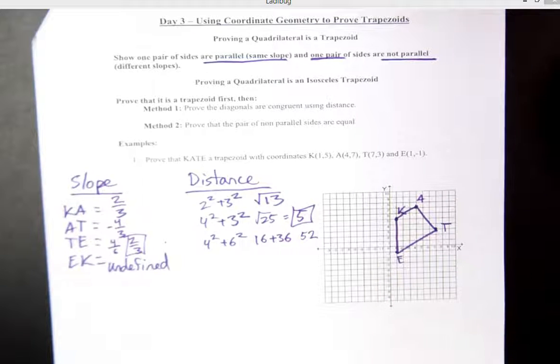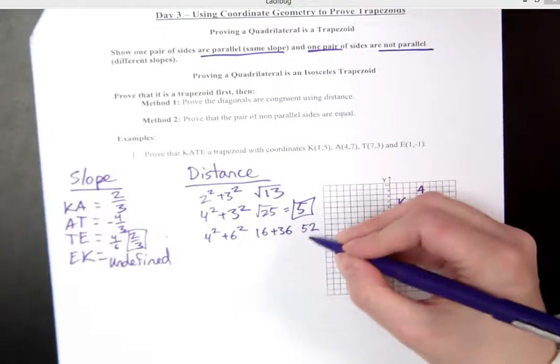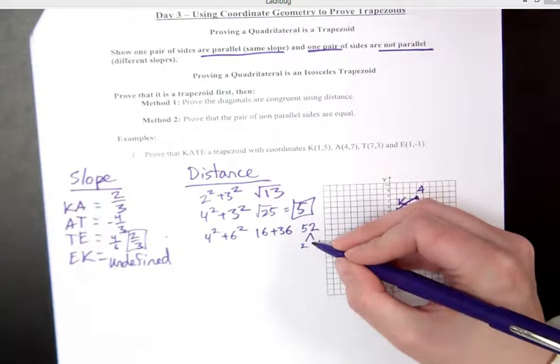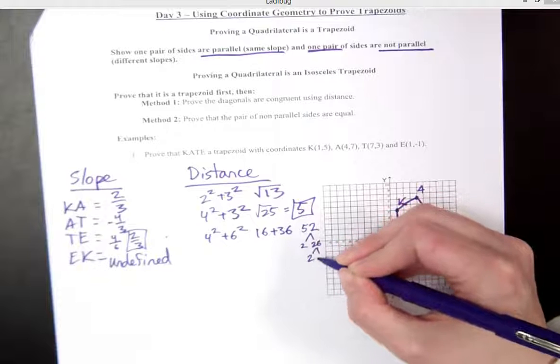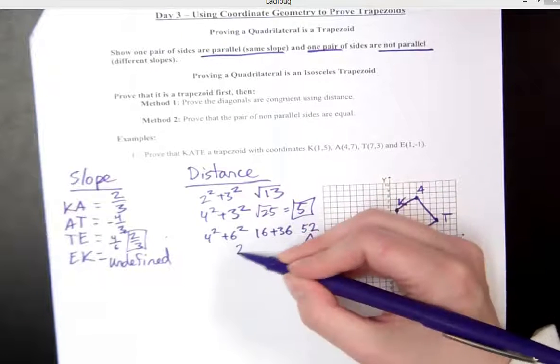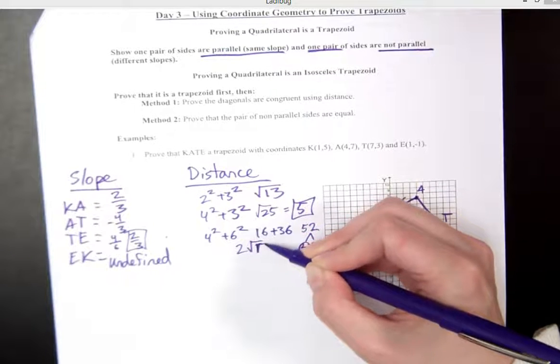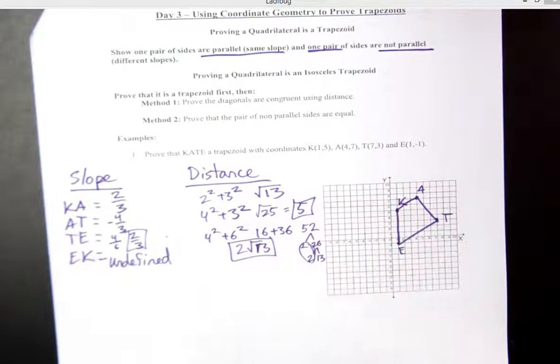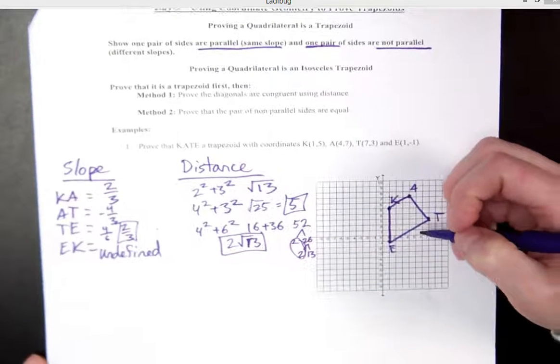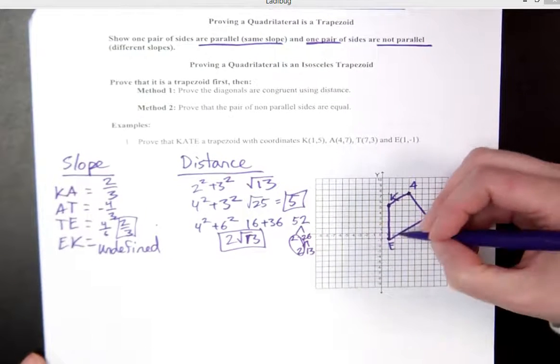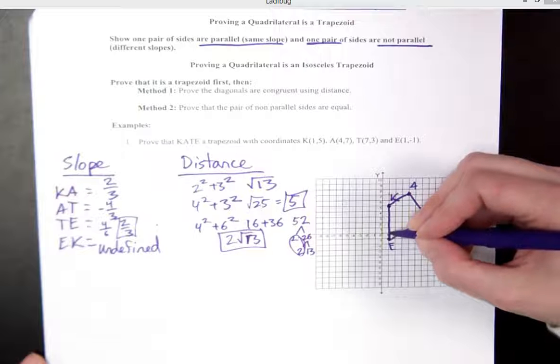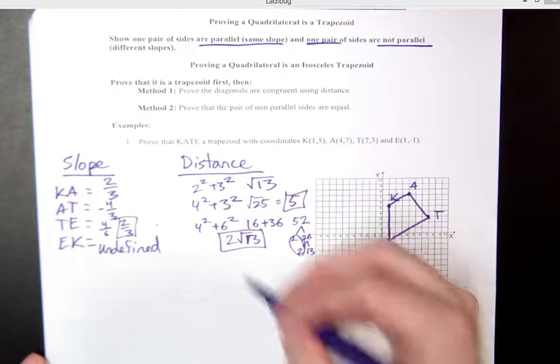Does that simplify? It can. I mean, 2 and 26, and then 2 and 13. So 2 root 13. And then the EK we can just count. What does it come out to when we count it? 6, right?